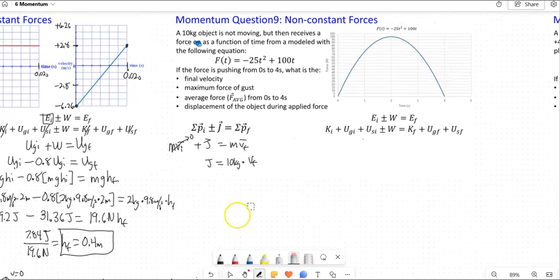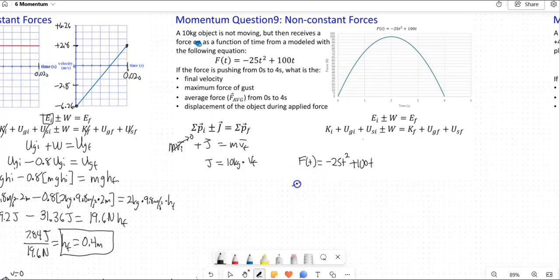So what we're going to do is figure out the area underneath this line, which is described by this function. So I'm going to just write the function right here. F of t is going to be equal to negative 25 t squared plus 100 t.